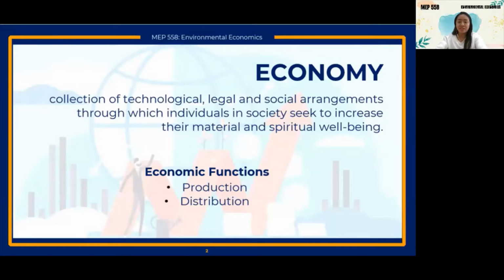Others define this as the process or system by which goods and services are produced, sold, and bought in different countries or regions. There are two elementary economic functions pursued by the society: production and distribution.